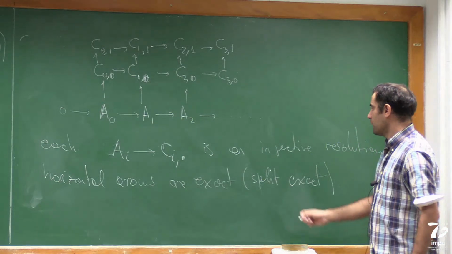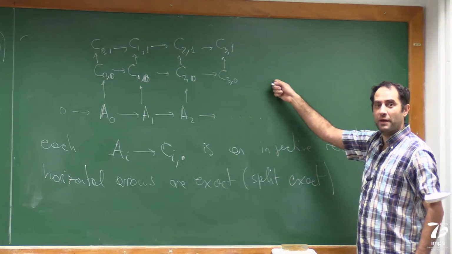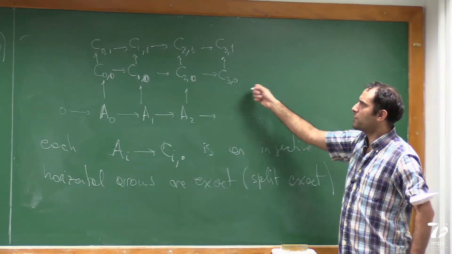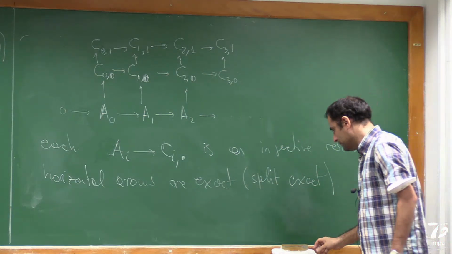And they were split exact because this was an injective complex. It was an injective object in the category of complexes. We did it for projectives, but it was the same.